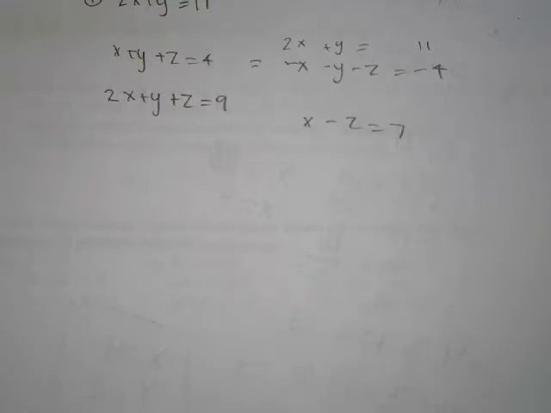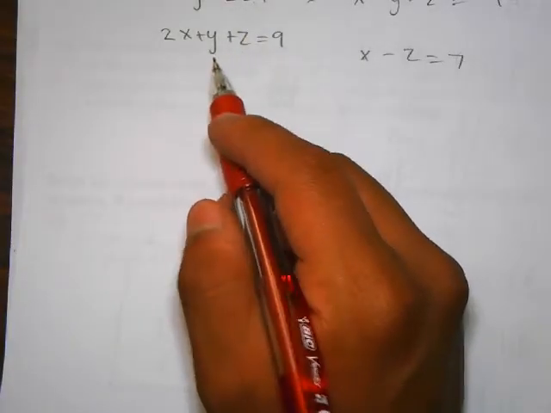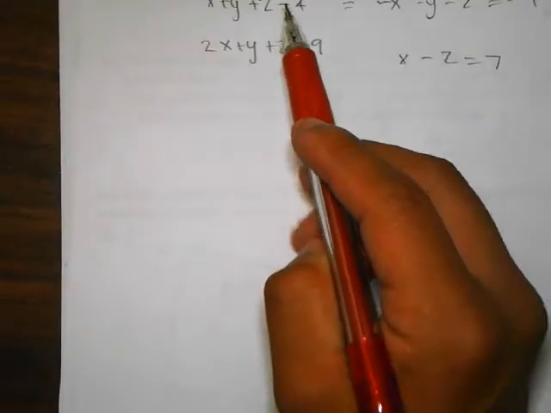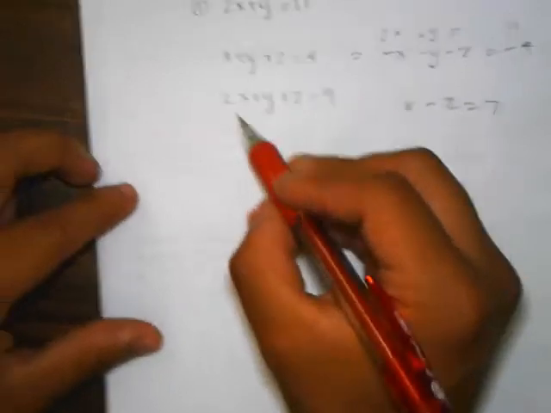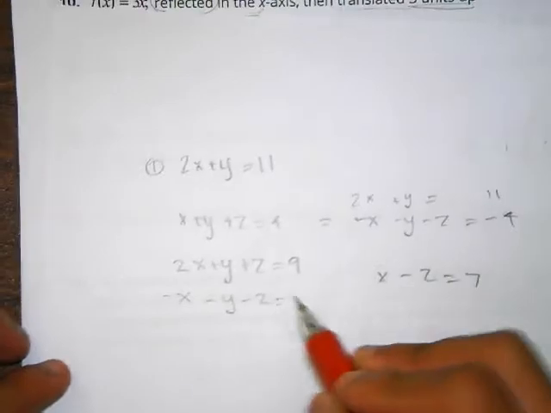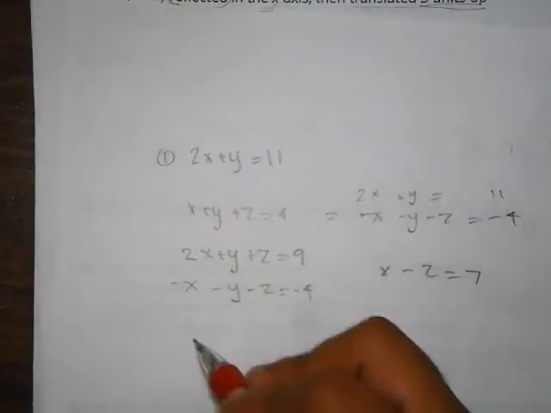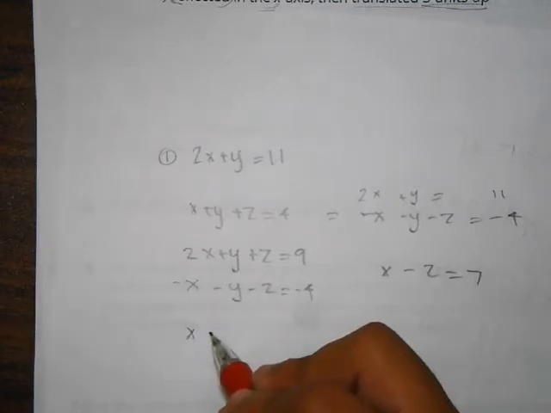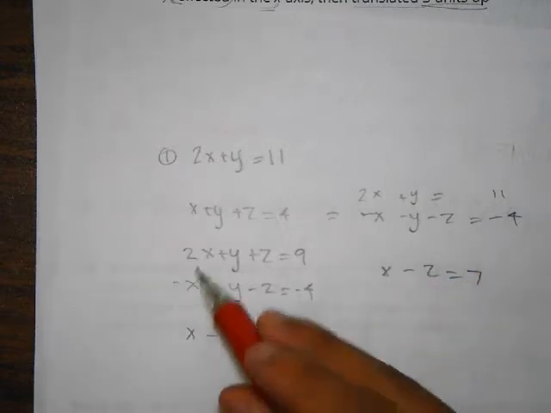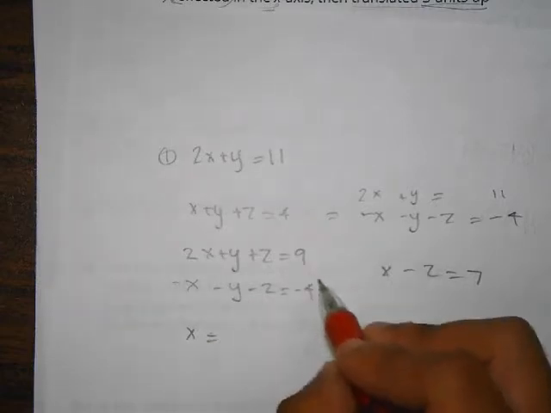So you go into the second step and you look at the second equation and the third equation. If I subtract the second equation, multiplied by a negative, that will easily cancel out the y. So subtract negative x minus y minus z equals -4 again. You'll get x minus 4 equals 5.